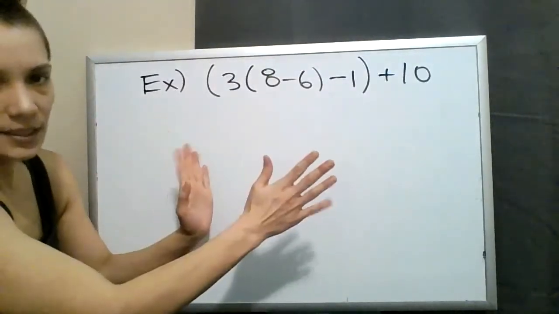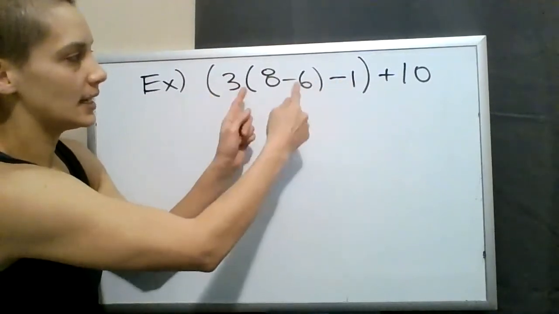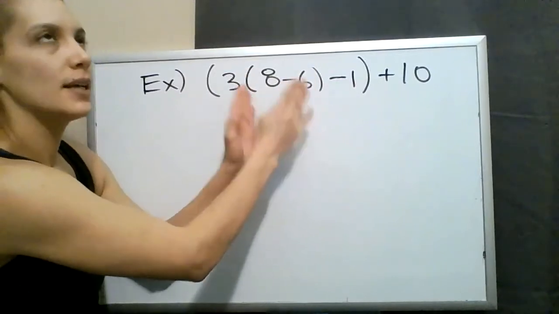Okay, so first is parentheses, but when you're looking at the parentheses, go as far as you can inside and work on those parentheses first. So we're taking care of 8 minus 6.